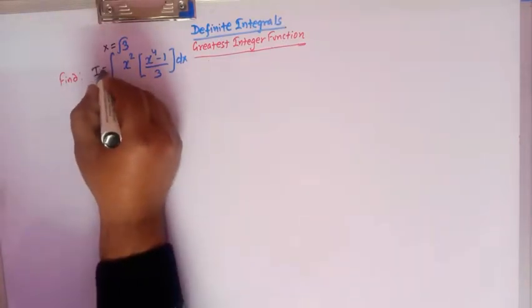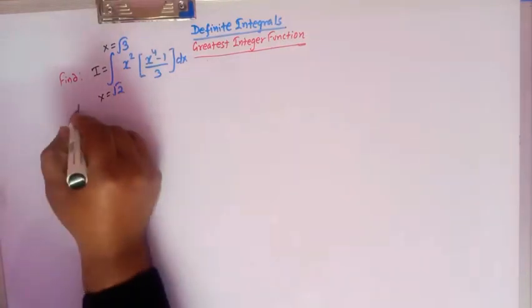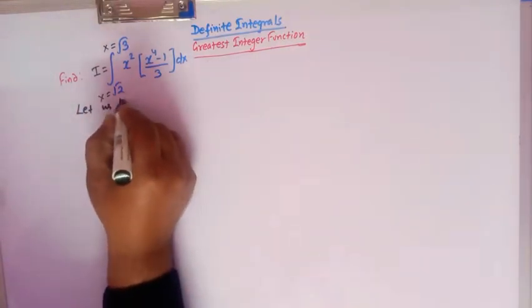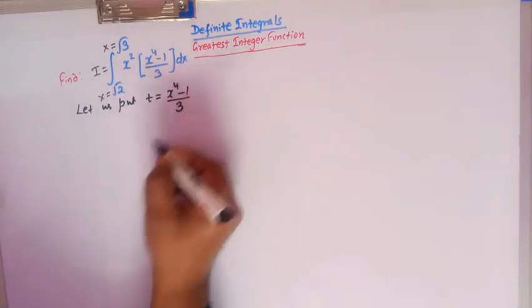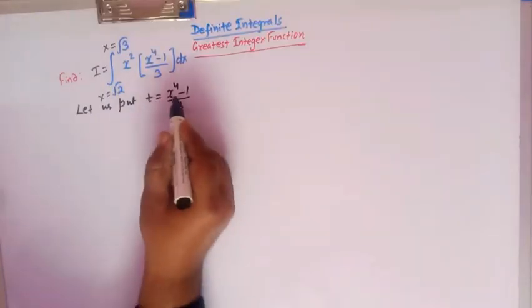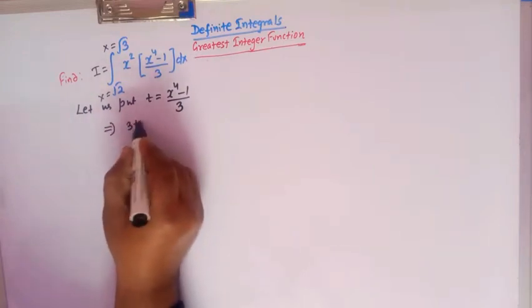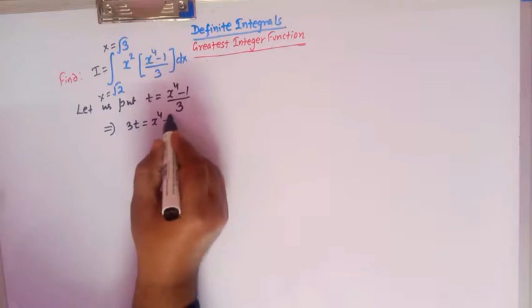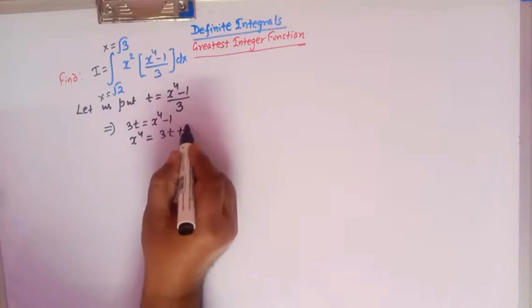So now let us call this integral I, right? Now here again we have to solve this integral with the help of the substitution method, right? So let us take t equal to (x^4 - 1)/3, right? So when t is equal to (x^4 - 1)/3, then obviously 3t is equal to x^4 - 1, and x^4 is equal to 3t + 1, right?